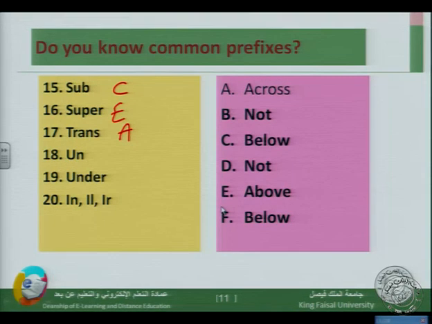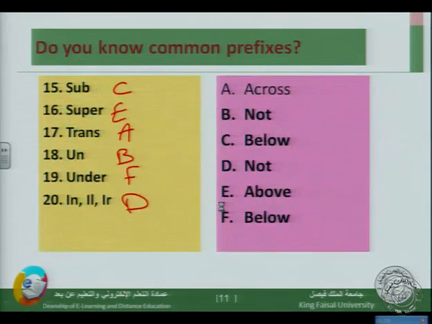Un means not, like unkind. Under means below, like undersea. In, il, and ir are all giving the meaning of negativity, so they mean not. We say irreligious, illogical, and then we have also injustice. So here we have covered the most common prefixes in the English language.